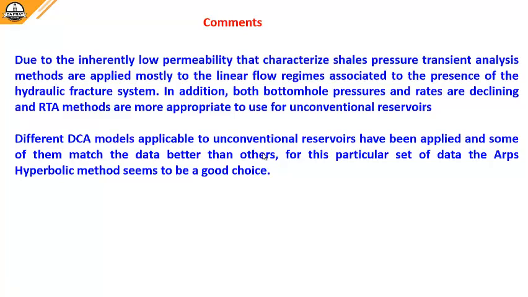Now, if you think about extrapolation, then it's another matter here. It's good to compare with what we did before using the rate transient analysis, using both pressure and rates, compared to the decline curve method.